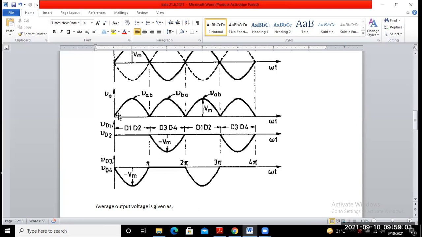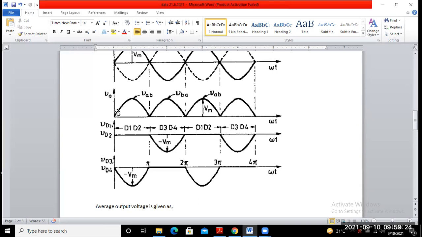First of all, why is it called the single phase full wave uncontrolled rectifier? Because we are not able to control the output voltage. We already explained that. And in one complete cycle, you get the output voltage for the full cycle.